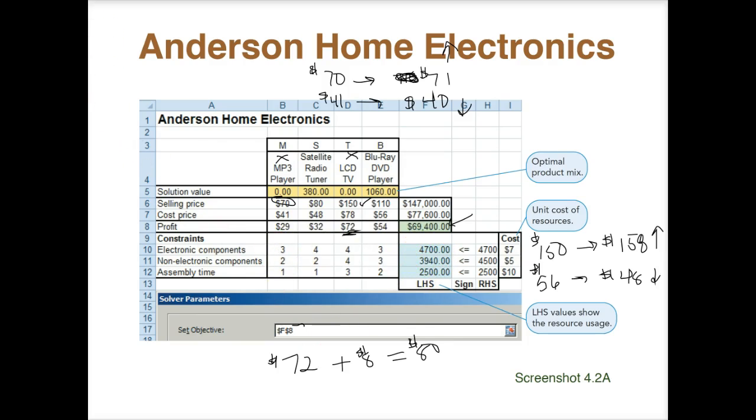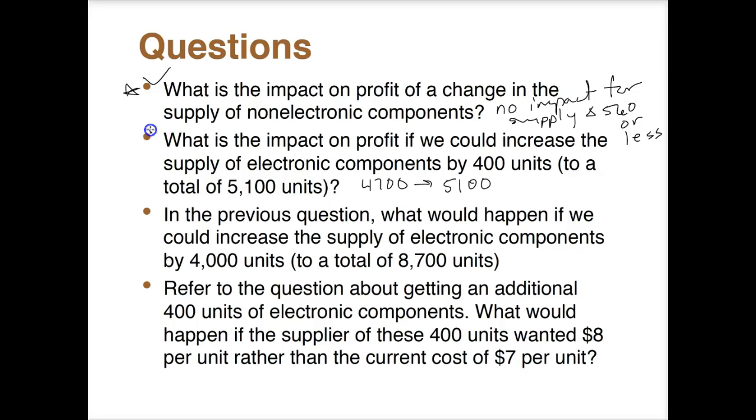Okay, so that is the answer to the second question. All right, so that one's done. By the way, let me go ahead and put here, we'll just say 800 increase in profit.